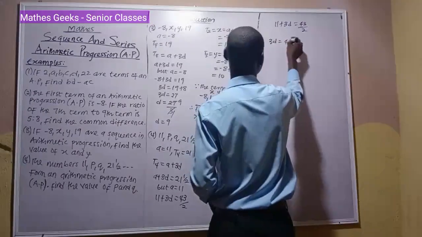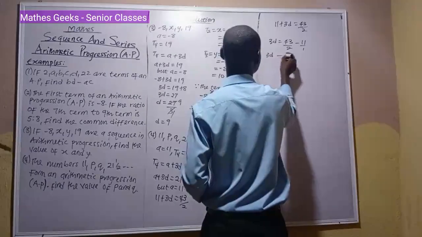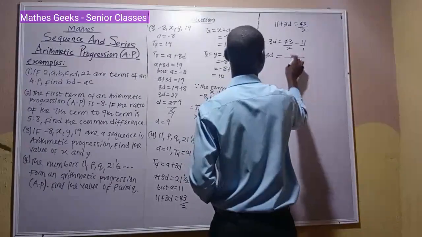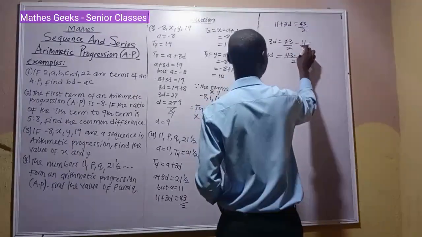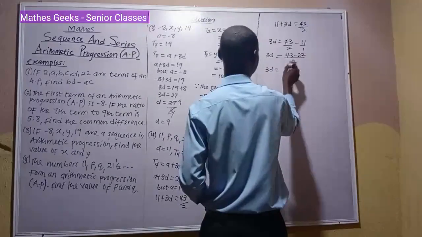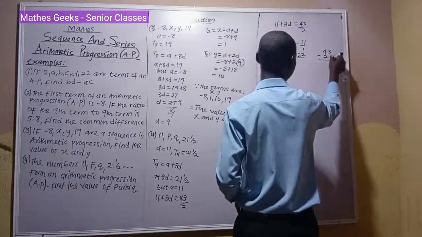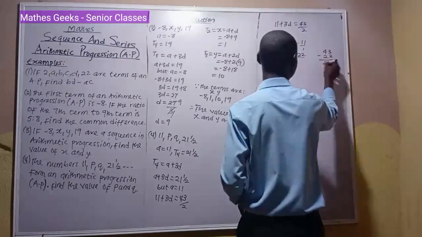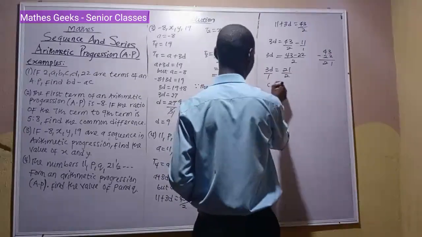3d is equal to 21/2 minus 11/1. The LCM is 2. 3d is equal to 21 minus 22 over 2.